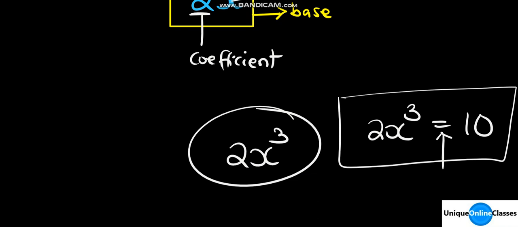Now, in mathematics there are laws that are followed when dealing with indices, or exponents. So let's now see some laws of indices. Let's go to our first law. Let's multiply. We have 2 power 2 multiplied by 2 power 3.